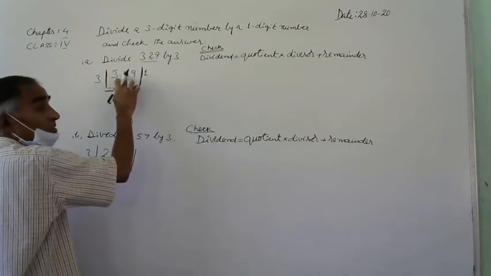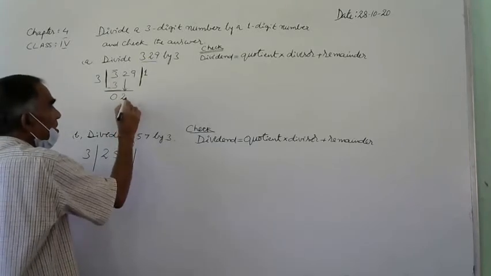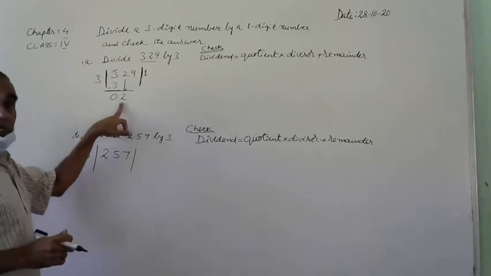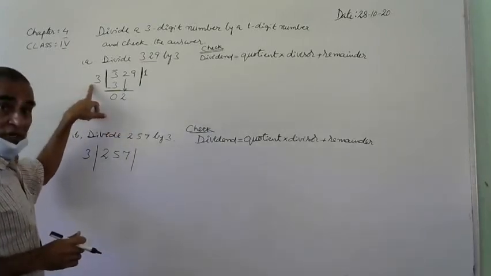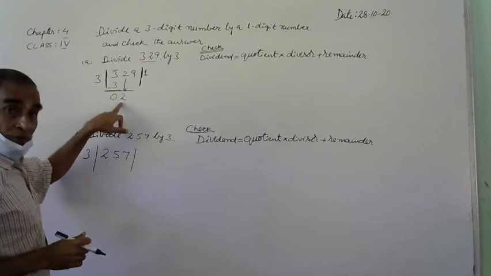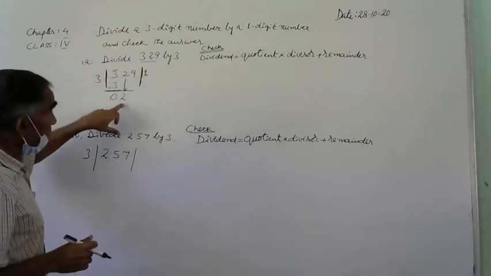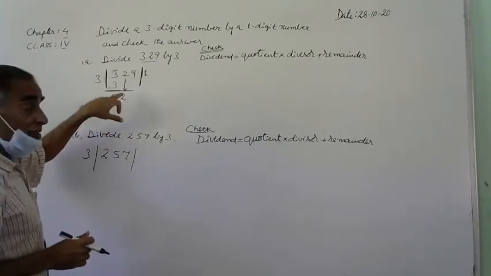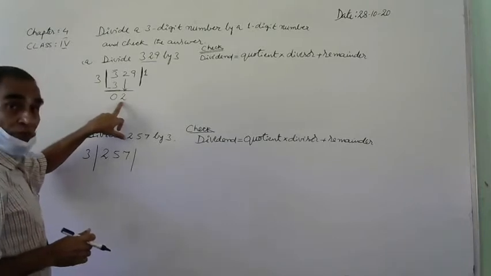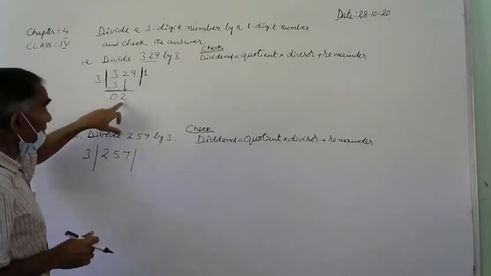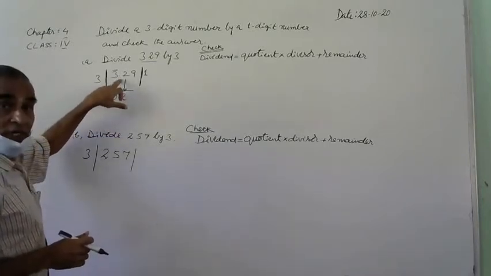What is in the tens place? 2. Now you see, is 2 greater than the divisor? No. We bring down this 2 from the dividend.